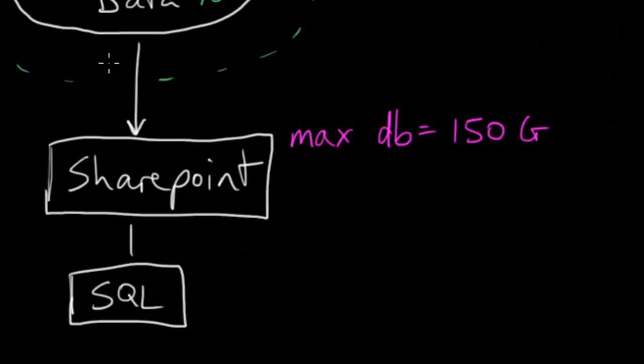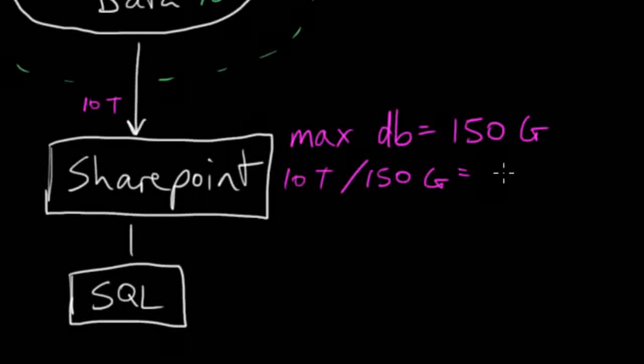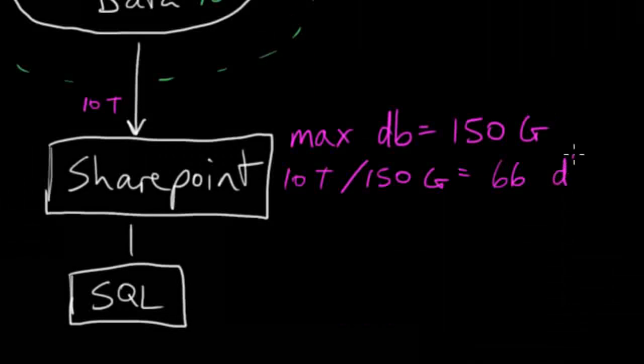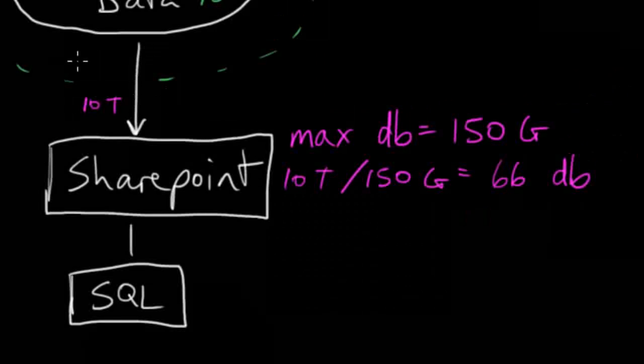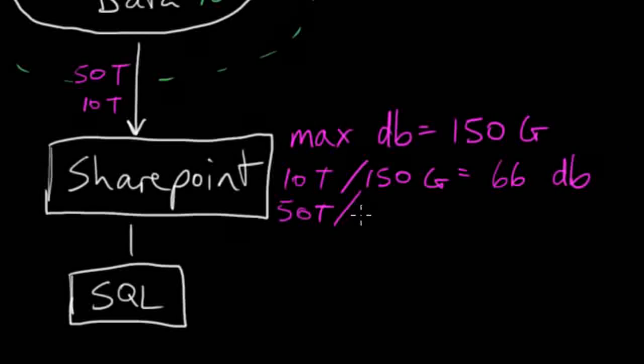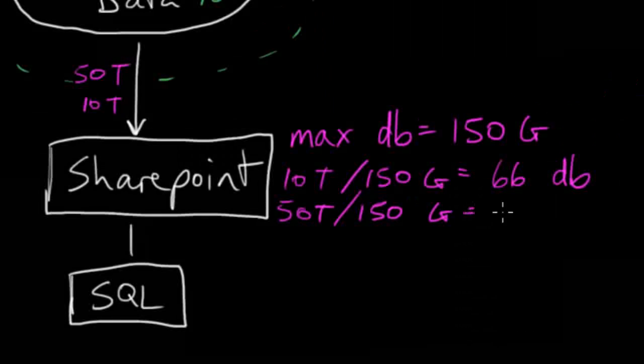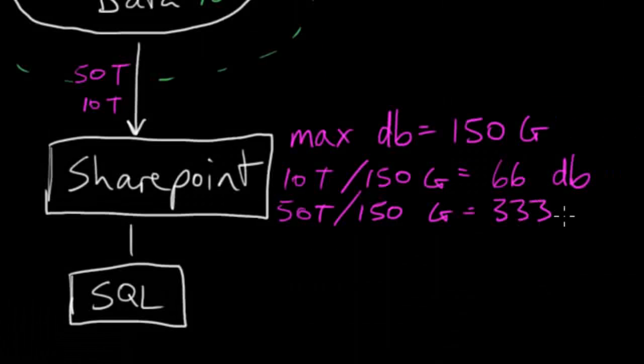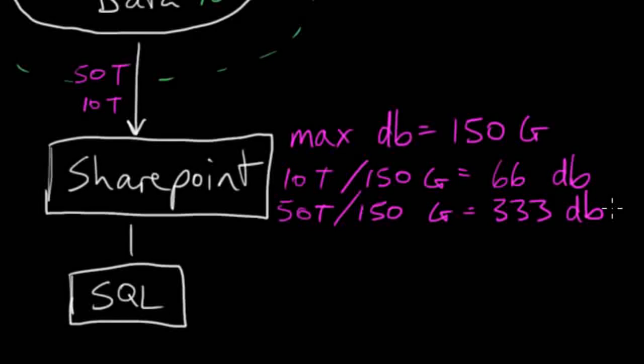So if we were to grab, let's say, 10 terabytes of data from our traditional file servers, and we divide that by the maximum database size, that's going to give us the total amount of databases that we'll require for SharePoint. And that's, in this case, 66. Now, if we bump this number up through to 50 terabytes, 50 terabytes divided by 150 gigs is going to now be 333 databases.